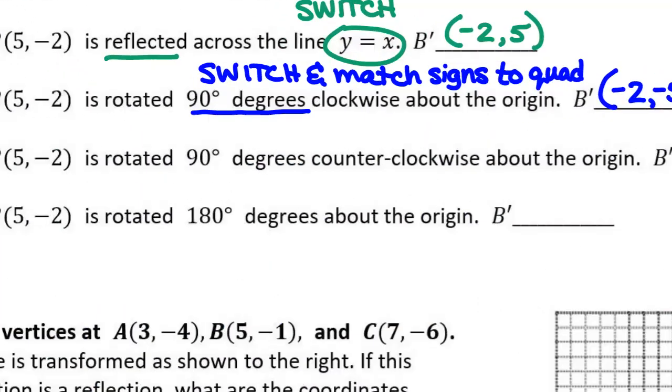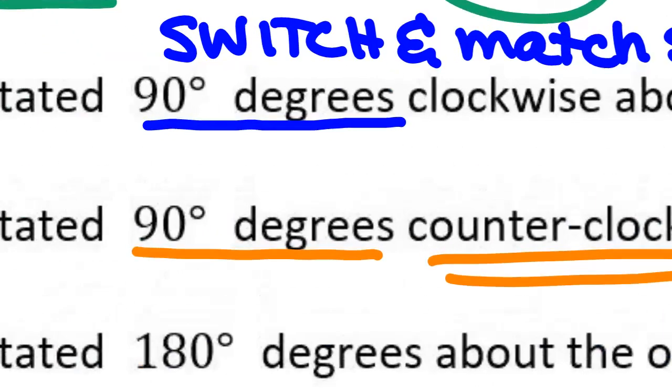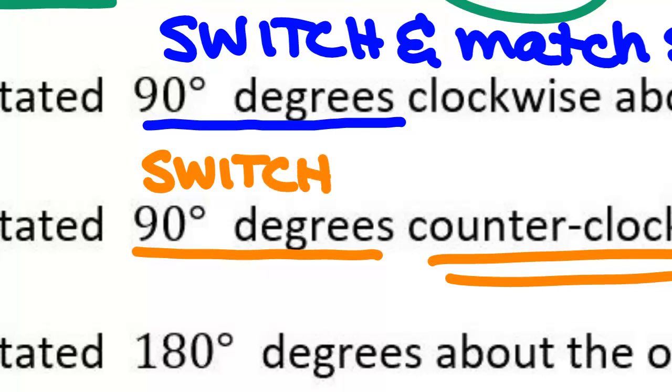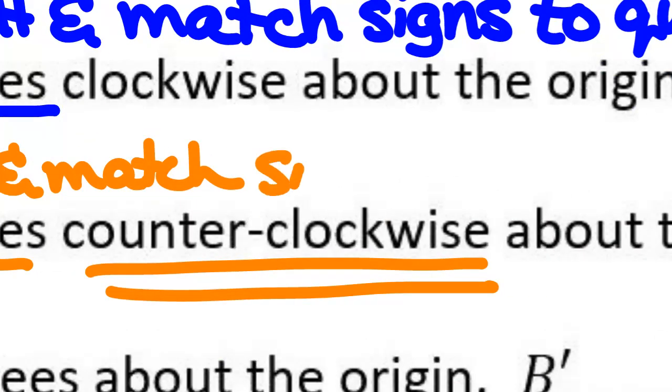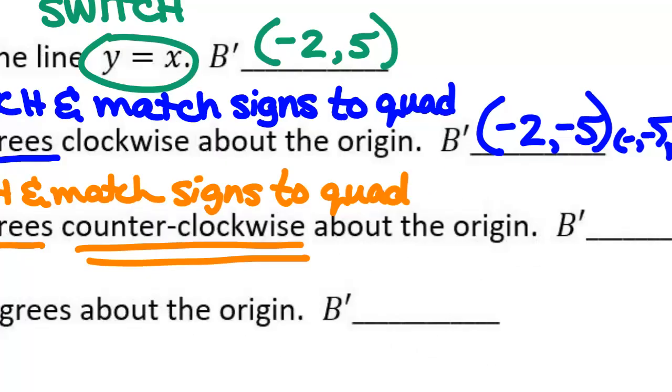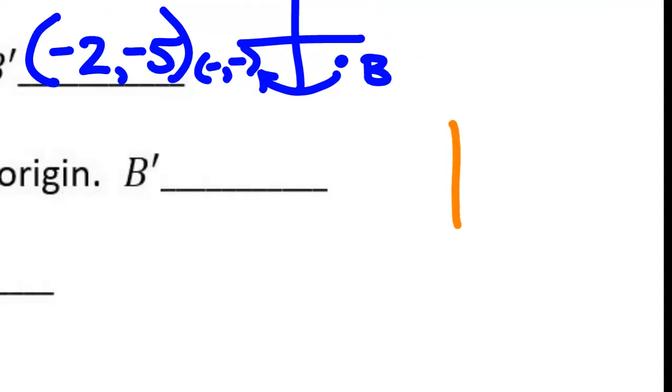Part C, we're going to do the same thing, except this time we're going counterclockwise. So we're still going to switch and match our signs to the quadrant that we land in. So I'm going to do another quick sketch.